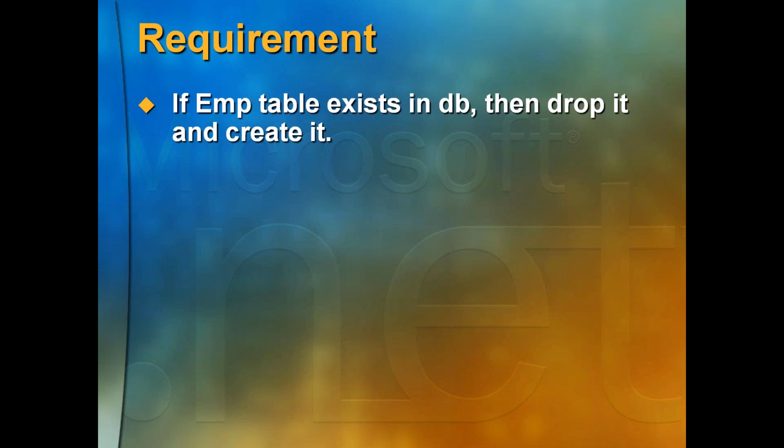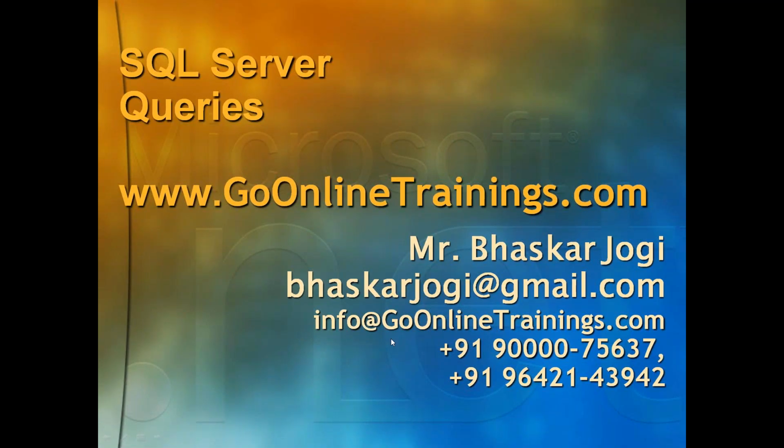What is the query? The query is: if exists, select star from sys.tables where name equal to employee. If it is there, then you say drop table, go, and you must be able to create it. Guys, am I clear? This is the one that you should know.